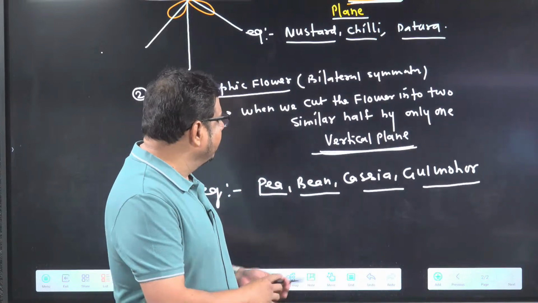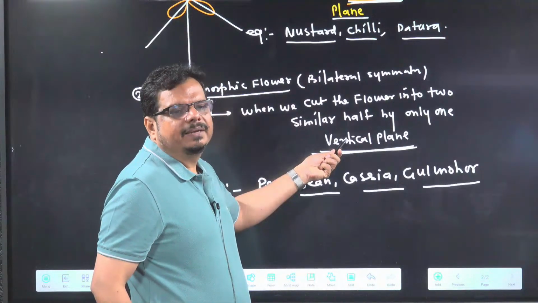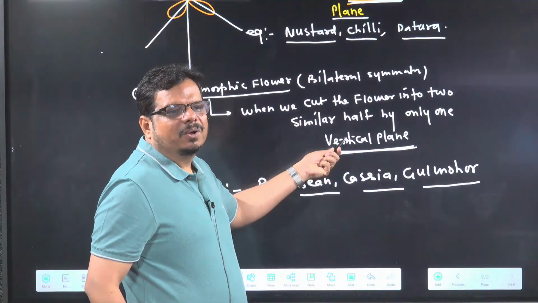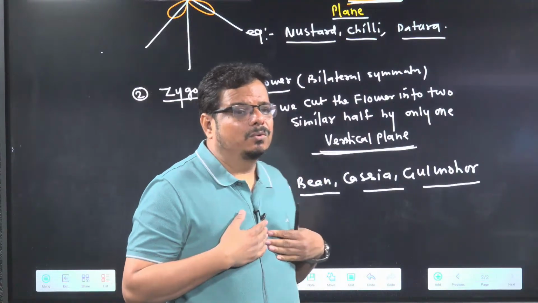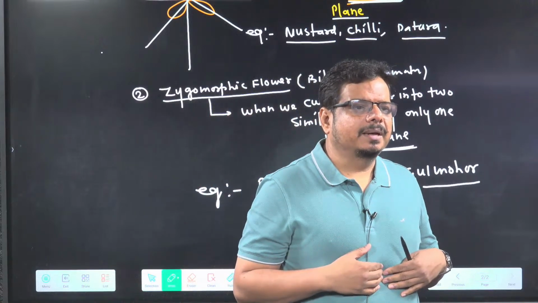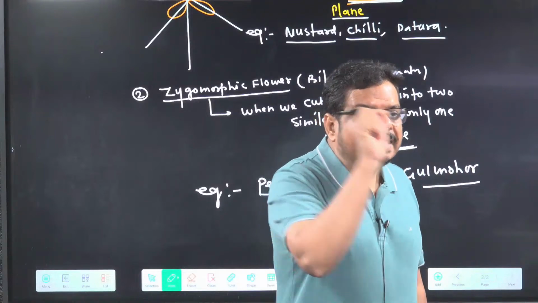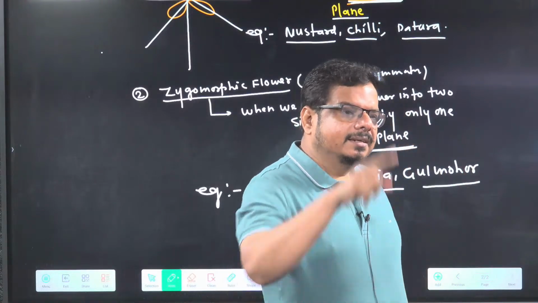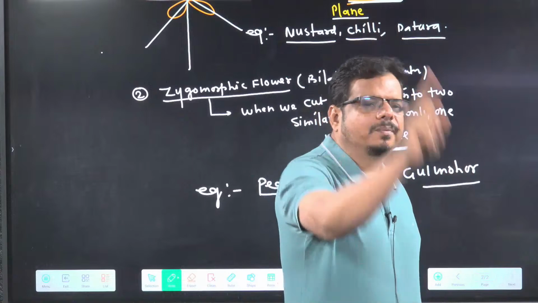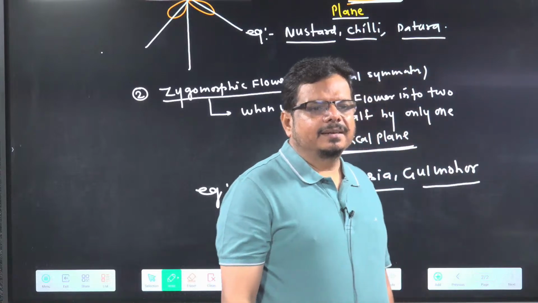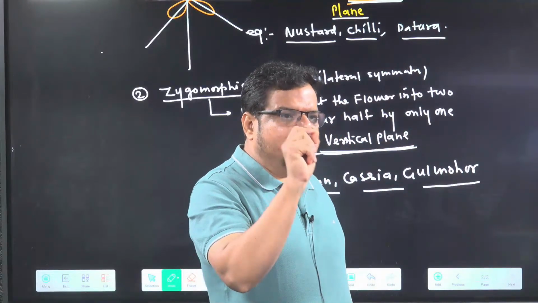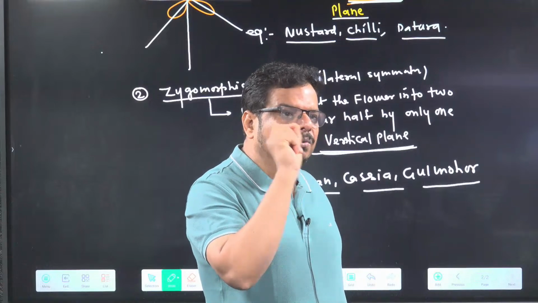See, here I am changing vertical plane into radial plane. Does the answer become wrong or not? You are saying, yeah, I know zygomorphic flower. Besides that, my answer becomes wrong, because you were not very alert while answering. They have given radial plane or vertical plane. Is it clear? So please take care of these small, minute things.